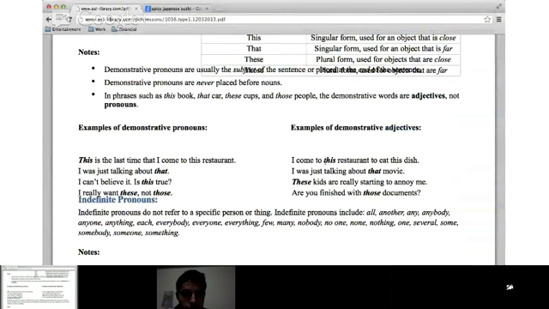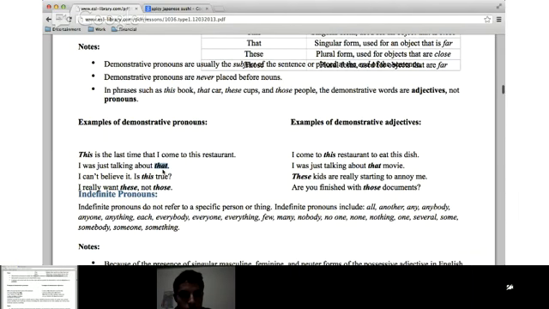So this restaurant, restaurant is a noun, so this is then an adjective. Same thing with that movie. Notice how that or this or those are at the end of the sentence and they do not have a noun that follows. Okay, let's go to Jada.